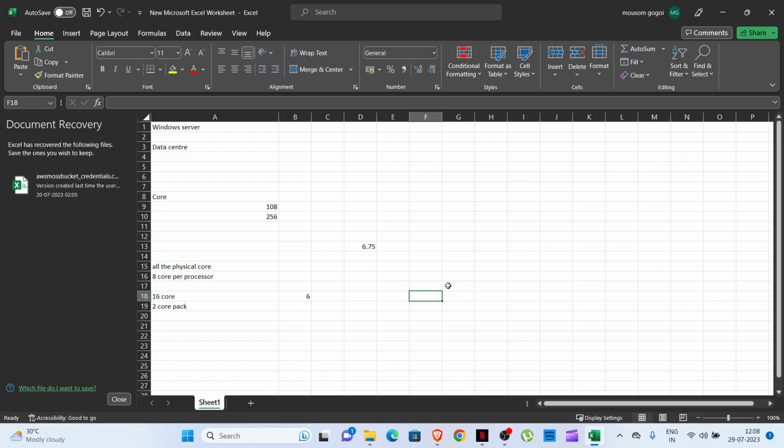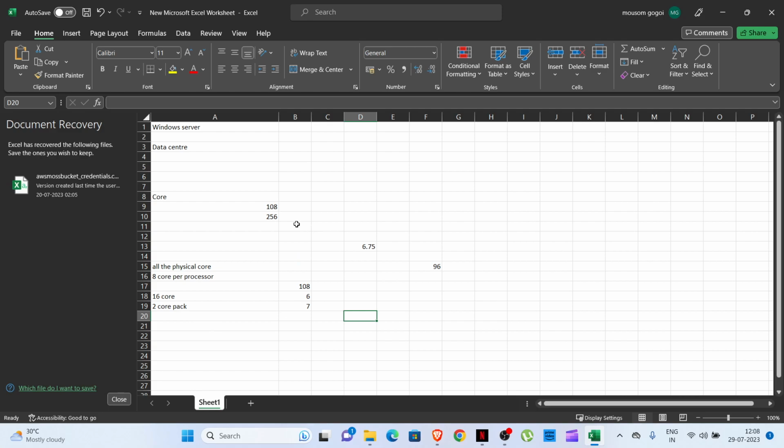How much is remaining? It's 12, so 6 packs of 2 core. So for a 108 core processor, we can use six 16 core packs and six 2 core packs.